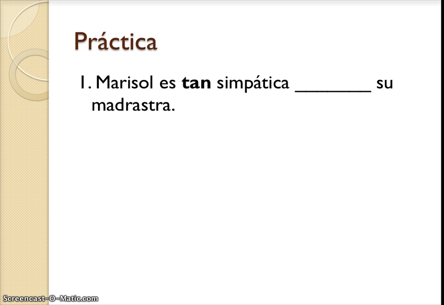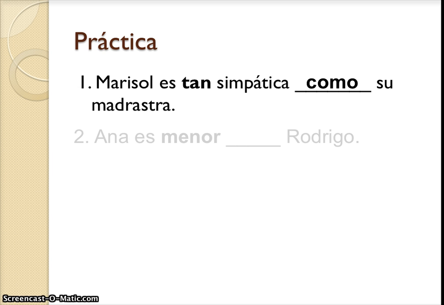So, what comparative phrase with an adjective matches up with tan? Is it que o como? Es como. Okay, tan como. They're best friends. They go together all the time.